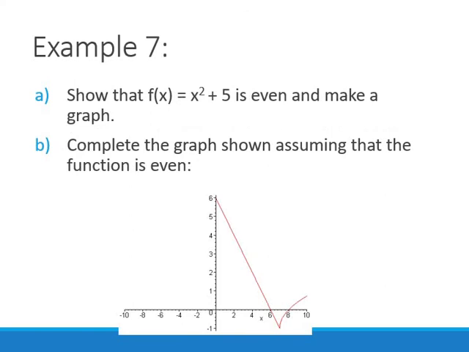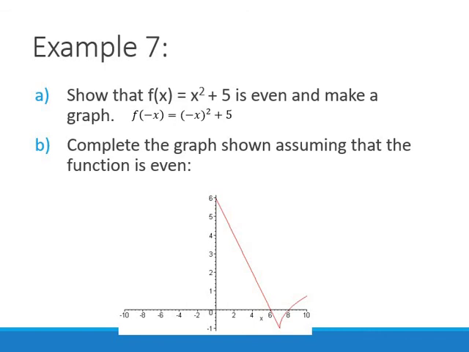We can show that a function is even using the definition. If we want to show f of x equals x squared plus 5 is even, then I need to show that if I plug in negative x, I get the same thing as if I plug in positive x. My formula doesn't change when I plug in negatives. Even powers and absolute values cancel negative signs, so they're even. When you combine things together, though, you have to be careful. The plus 5 doesn't affect it.